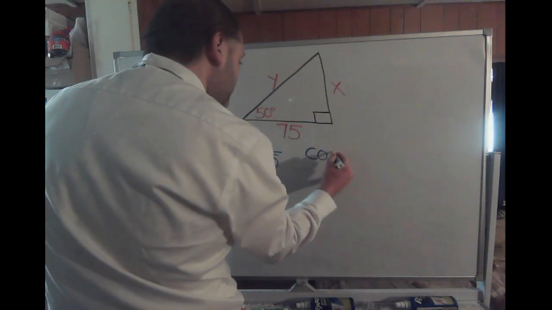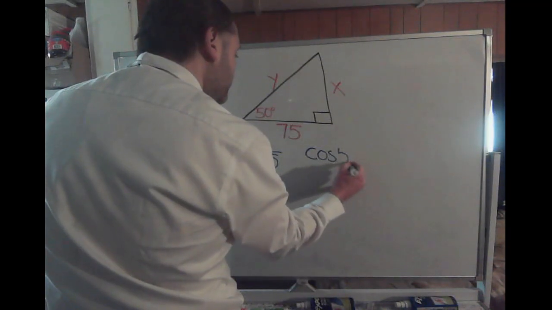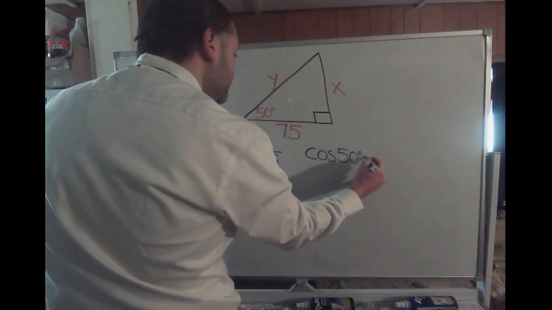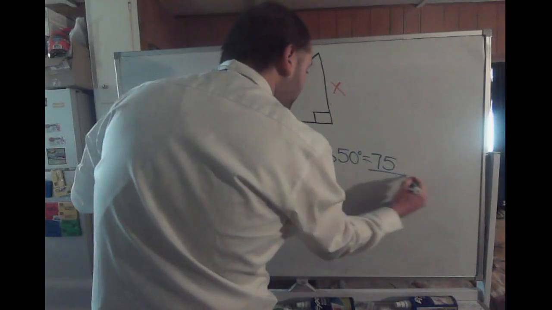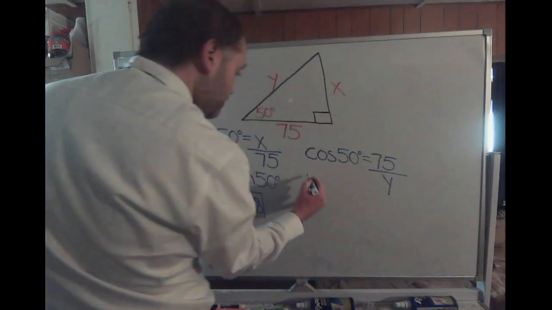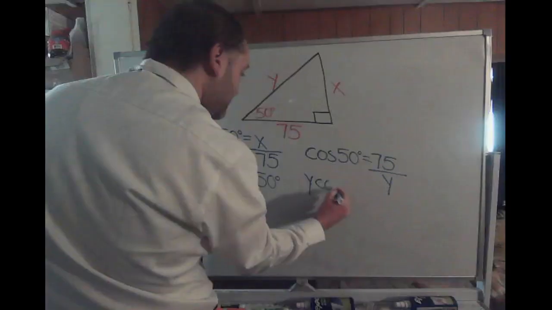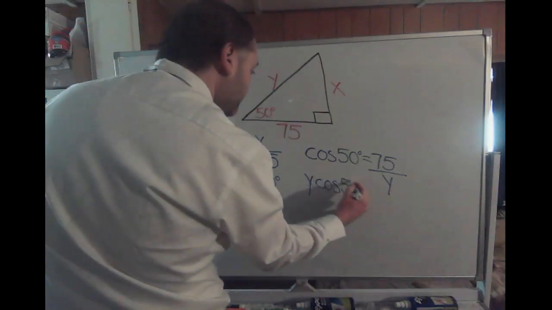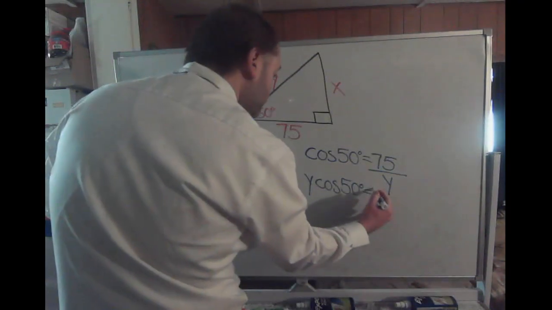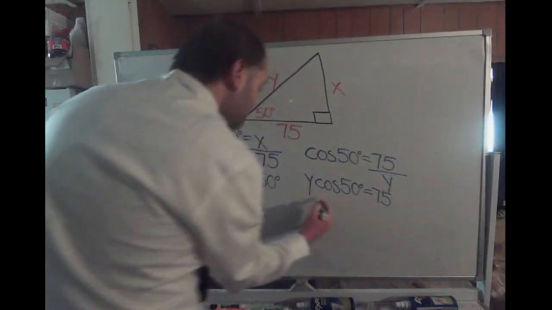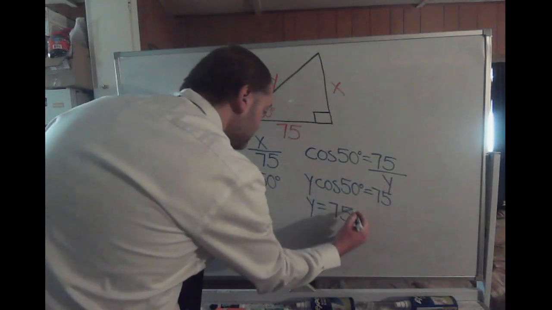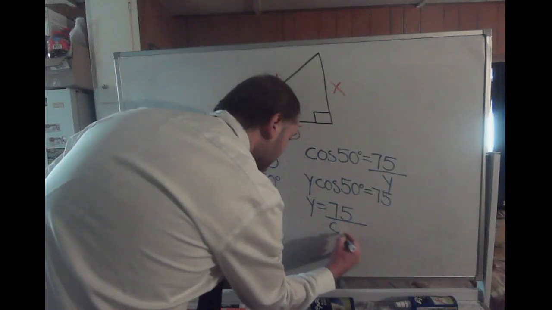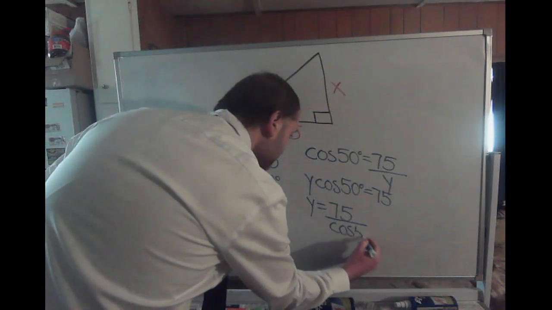So you'll set up the cosine of 50 degrees is equal to the adjacent leg of 75 over the hypotenuse of y, which would then give you y times cosine of 50 degrees equals 75, which would then give you that y is equal to 75 divided by the cosine of 50 degrees.